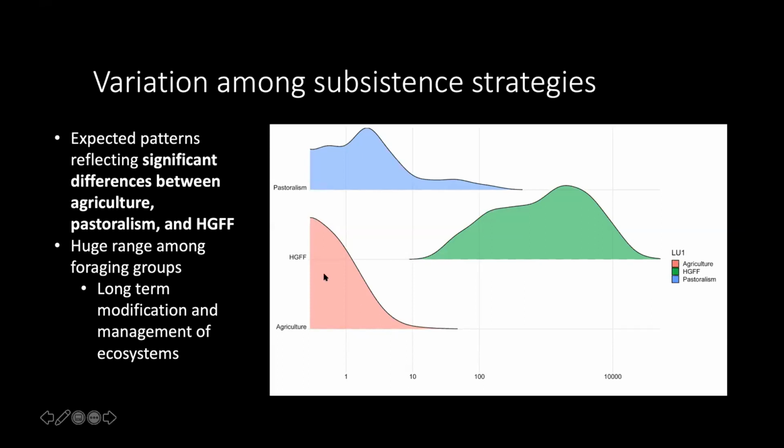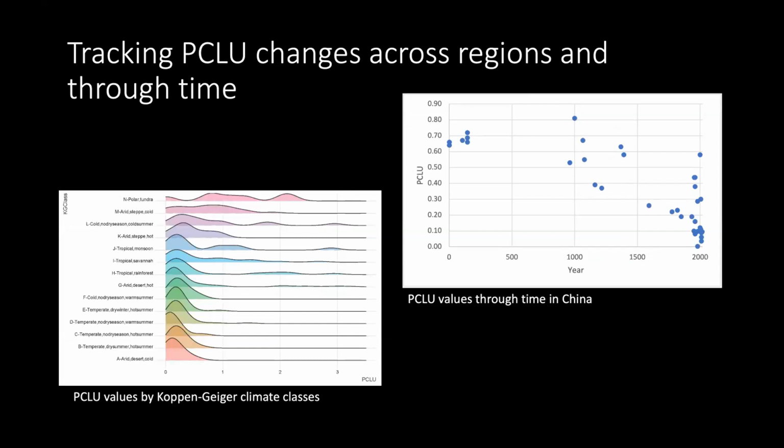So as we should expect, in terms of hectares per person, agriculture has the smallest land use per capita versus pastoralism, which generally requires more space, and then hunter-gatherer fishing and foraging requires the most space, but remarkably has a really broad range of PCLU requirements depending on a wide variety of things, including long-term modification and management of ecosystems and climate, and local resources.